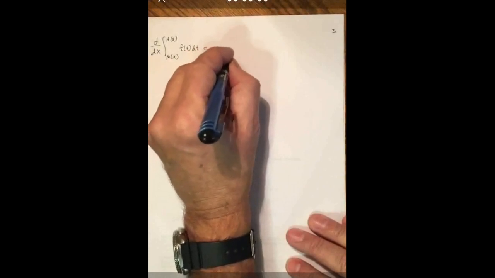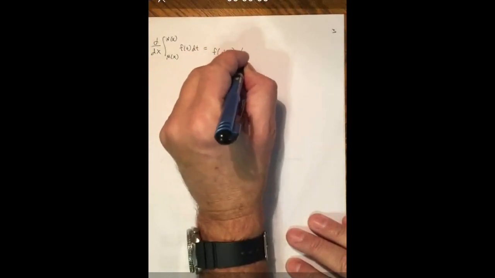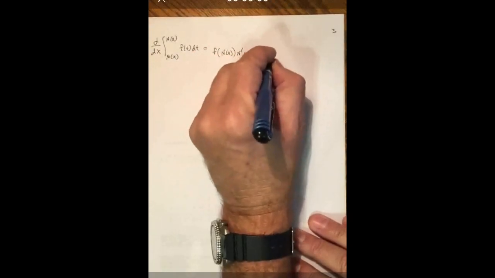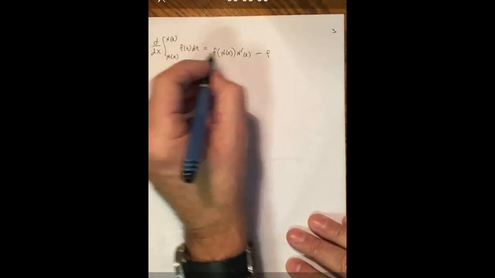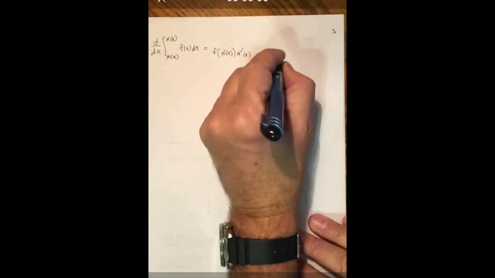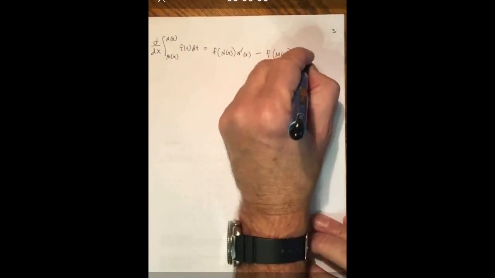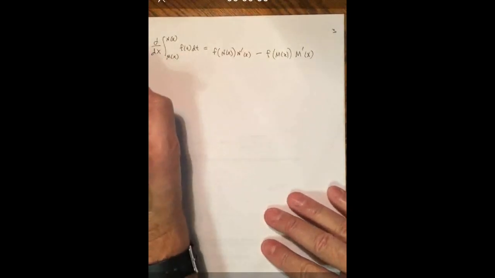That's going to give us a composite function. This is going to be f evaluated at n of x times the derivative of that function, n prime of x, minus then the function, plug in m of x, and then multiply by its derivative. Oh, that's just pretty. That is so cool.